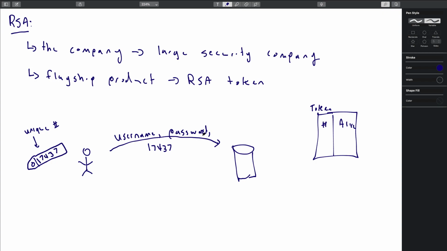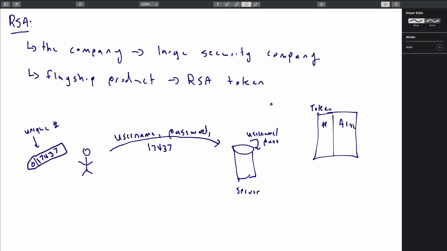Okay, so you put your username and password in, and you put your second factor in. The server, say it's Concordia, can check your username and password to validate whether this is correct or not.